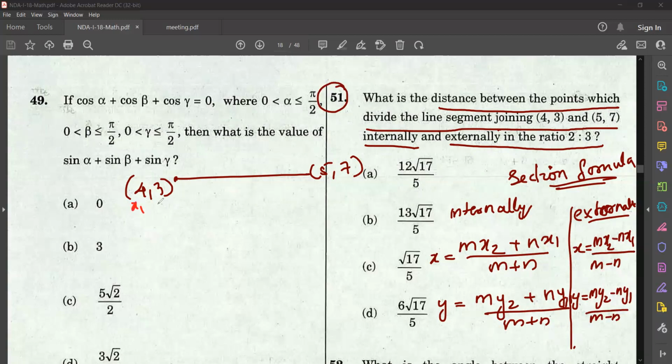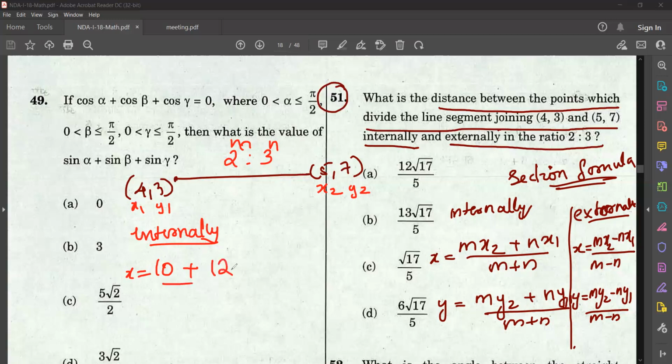So here it is x1, y1, x2, y2. First find the point that divides internally. What is the ratio they have given? The ratio is 2:3, so this one is m, this is n. So x = (2 into 5, that is 10, plus 3 into 4) divided by (2 plus 3), 5.